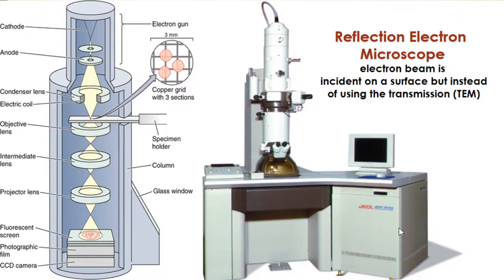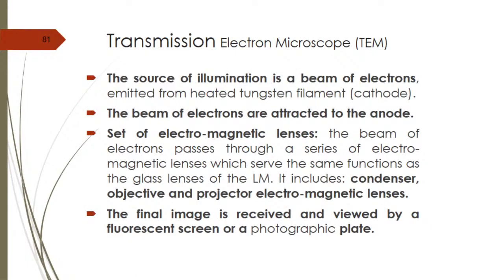This is the classical original microscope in the laboratory. We have seen that the electron beam descends on the surface, instead of using the transmission electron microscope. The source of illumination is a beam of electrons emitted from the heated tungsten filament, the cathode.